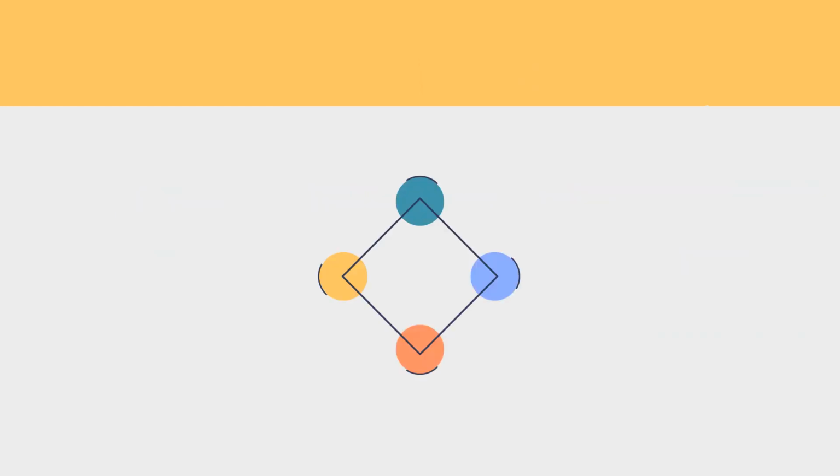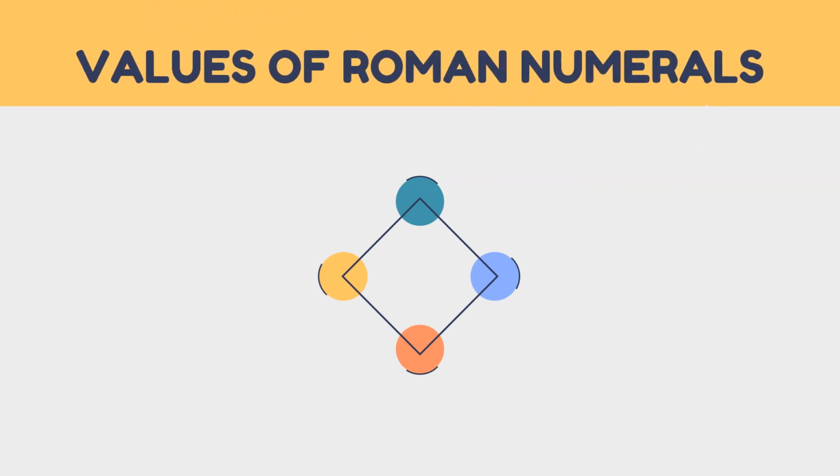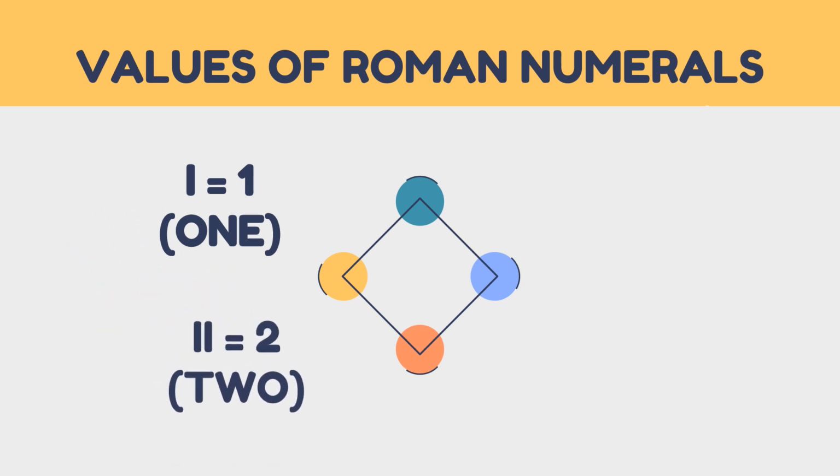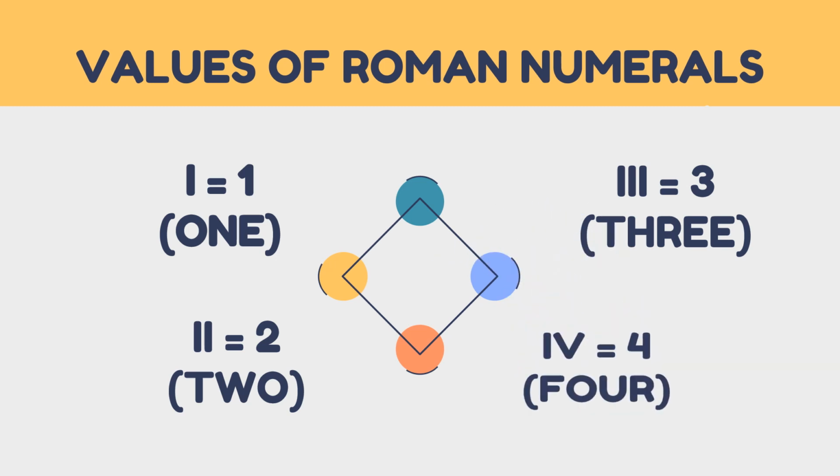Let us learn the values of Roman numerals 1 to 12. The value of capital I is 1. The value of capital II is 2. The value of capital III is 3.